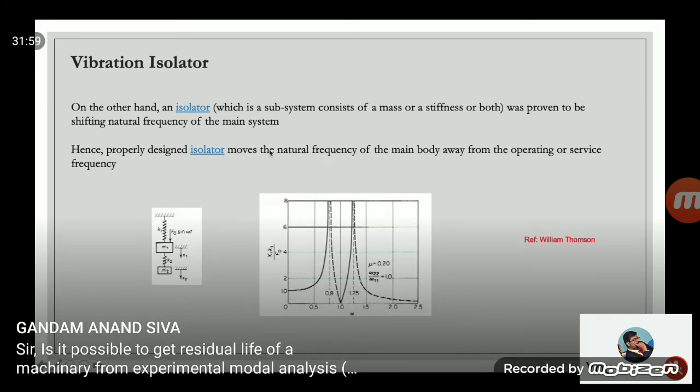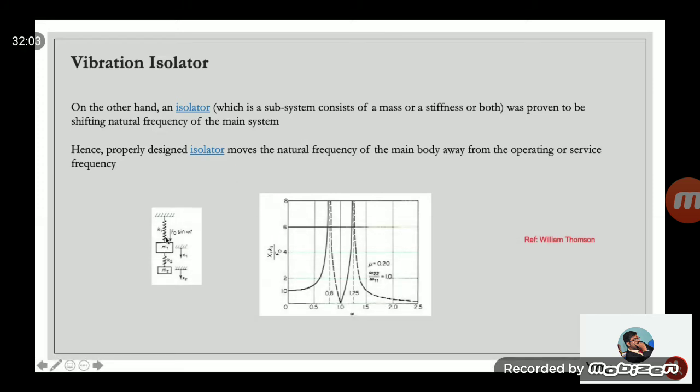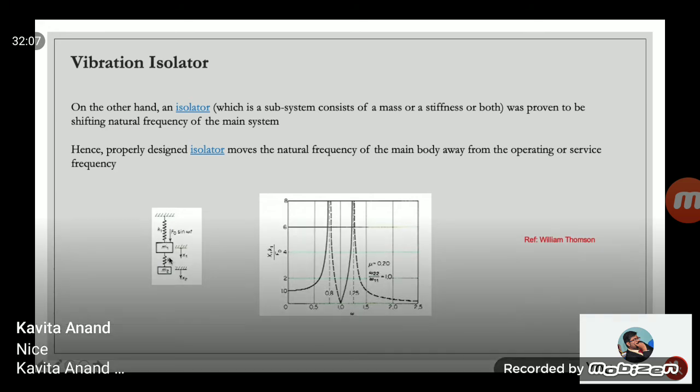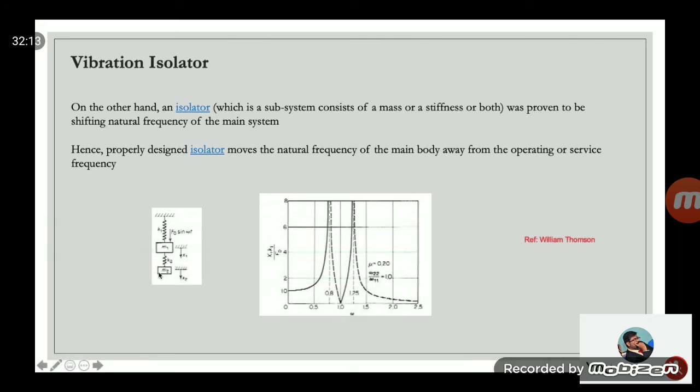Basically, an isolator is another subsystem. For example, you have a main system with mass and stiffness here. That's the main system. Then you attach a subsystem with mass 2 and stiffness K2. So the whole system will behave in a different form, like I show it here.